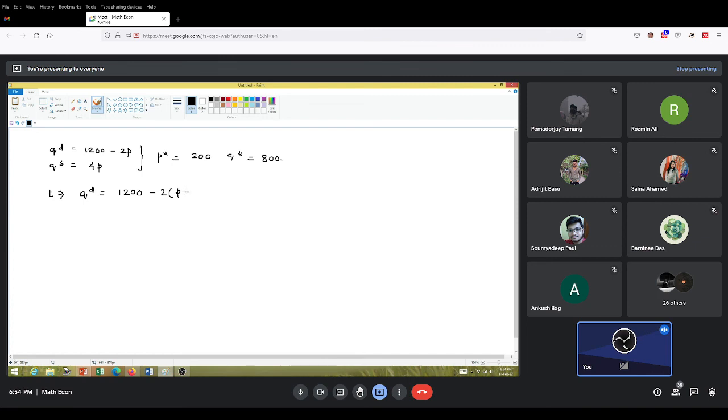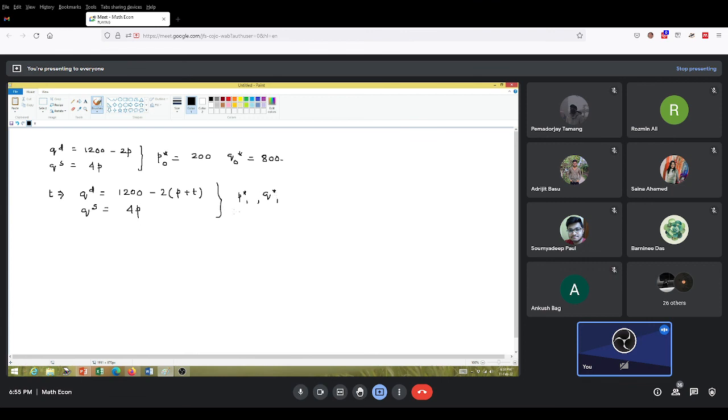So he will have to pay P plus T. And what is QS? This is 4P. Let us call these P0 and Q0. Now what is P star 1 and Q star 1?